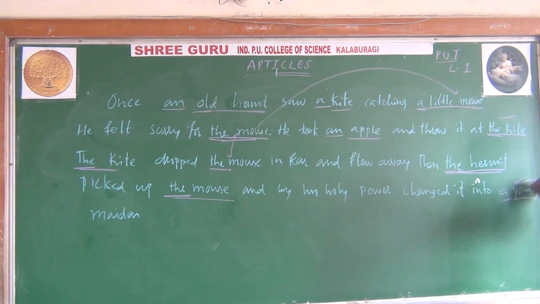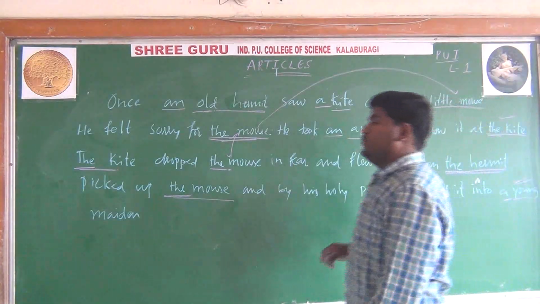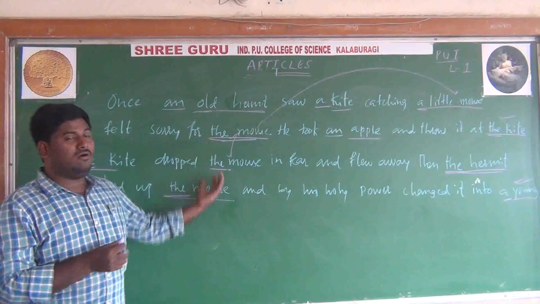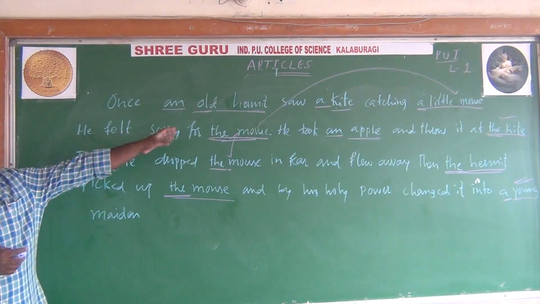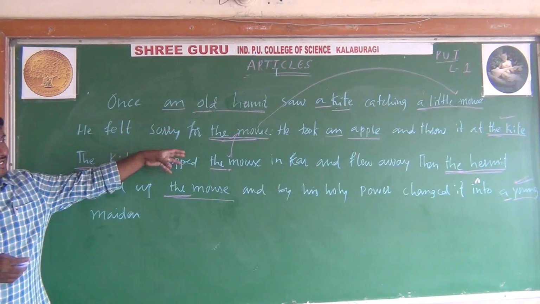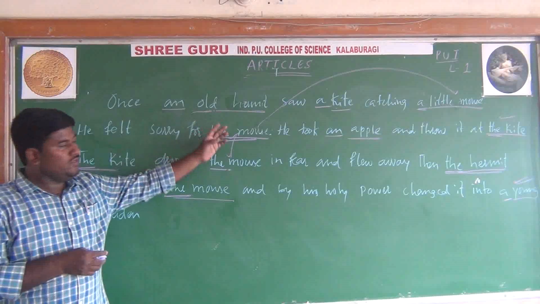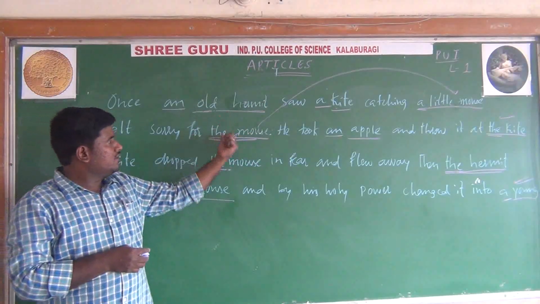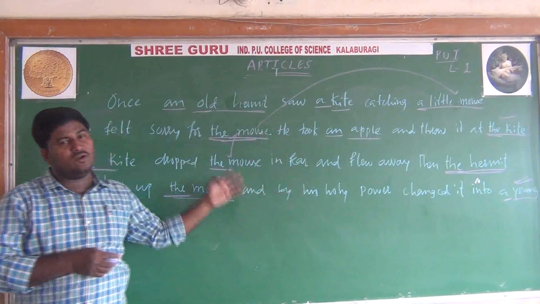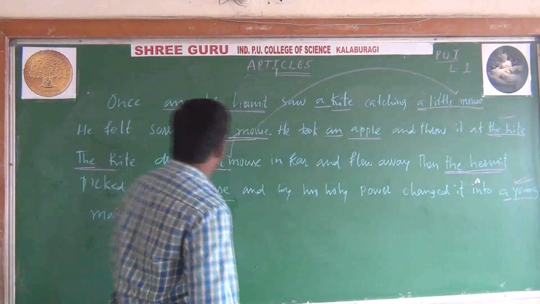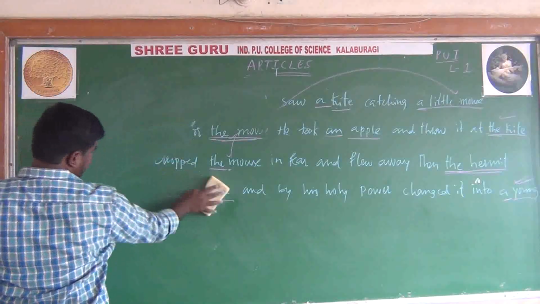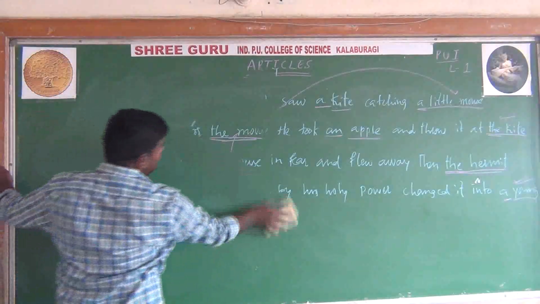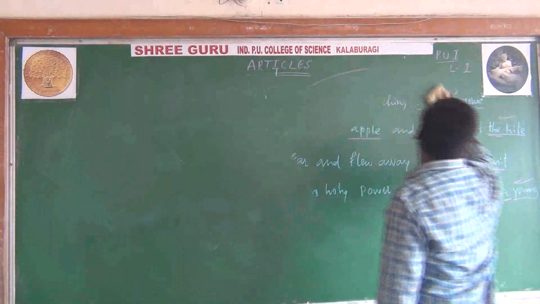We used a young because it is positive; a younger and the youngest, before the superlative degree we use the. So this is an example in which all the definite and indefinite articles are used. I have shown you why an and why a are used, and why the definite article the is used before the noun, because the nouns are already known.